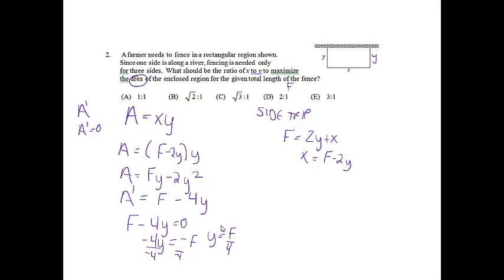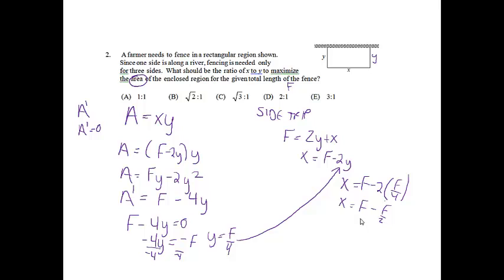And not that it helps me too much, but because I want to find a ratio of x to y, I'm going to come back over here and put that in for y so that I have an x value. So x will equal F minus 2 times F over 4. That will equal F minus F over 2.